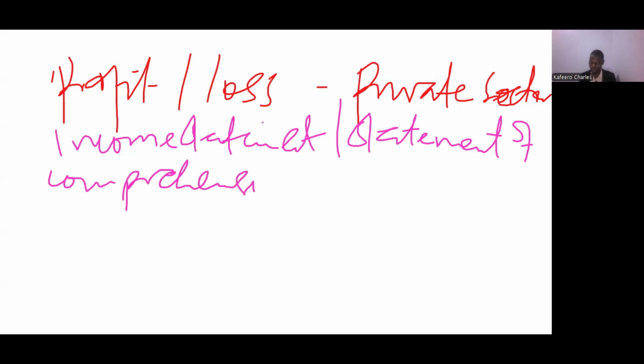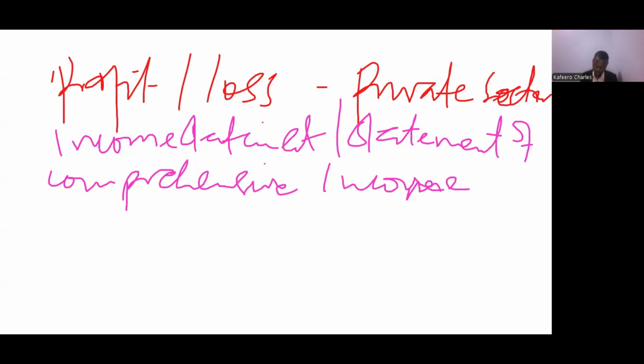Or what we call the statement of financial performance. So you are seeing the names that we call within the private sector. So these are some of the names that we call within the private sector.